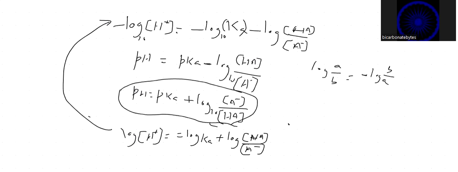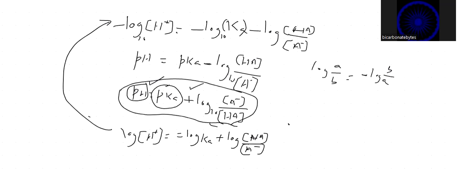If you prepare a buffer using this equation, the pH for that buffer would be set, therefore constant. pK of any acid is constant. So truly, what does the pH of a buffer depend on? The pK of the acid as well as the relative concentrations of the salt and the acid.